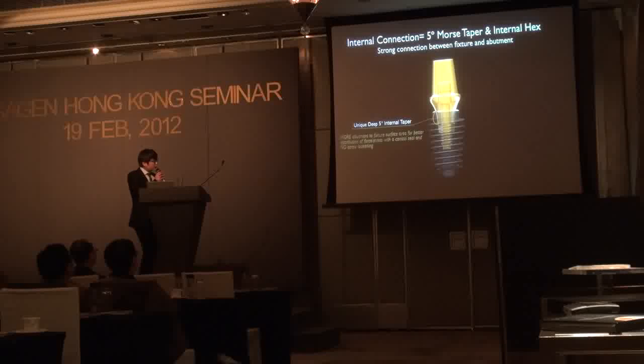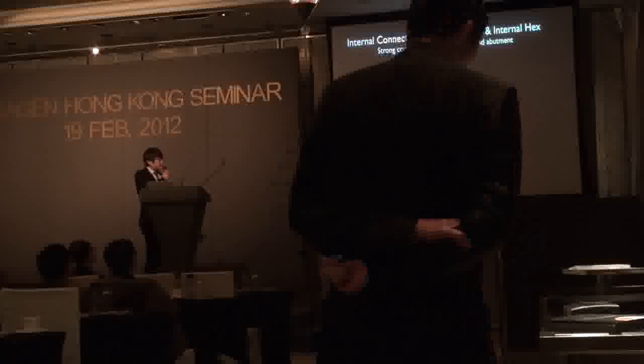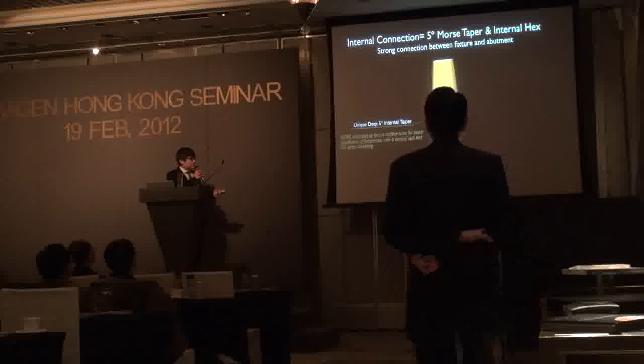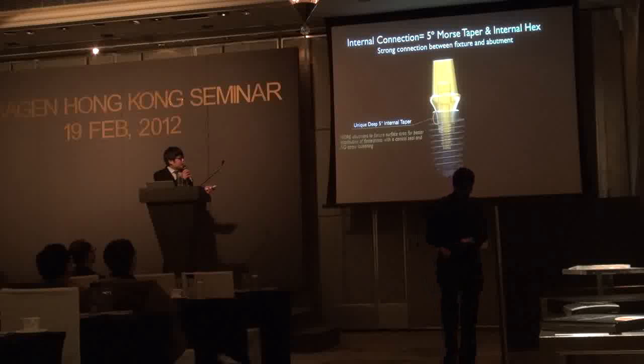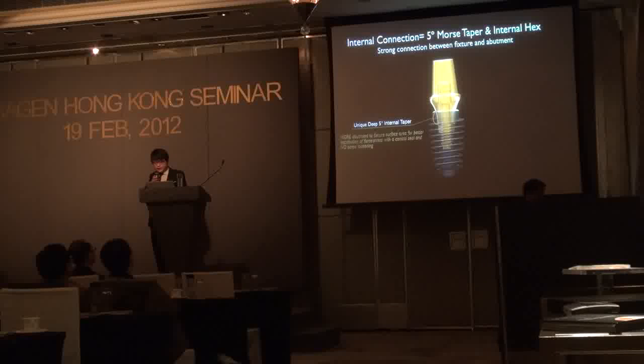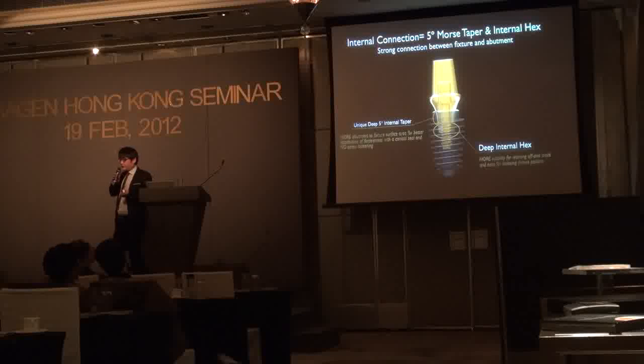The unique deep internal taper gives more abutment-to-fixture surface area for better distribution of force and stress with the conical seat and no screw loosening, and the deep internal hex gives you a great feeling when connecting the abutment into the fixtures.